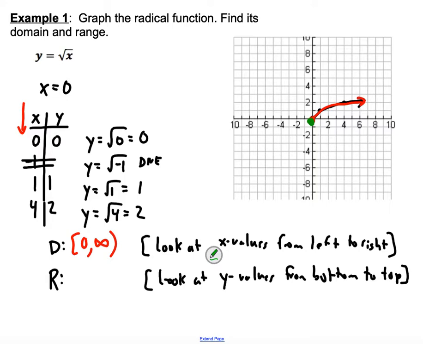It's right there. And what's the y value there? It's starting there at 0. And then notice it's going up and up forever and ever. So if you notice your values here, it goes 0, 1, 2, and it's going to keep going up, up, up forever and ever. So that is infinity. Parenthesis.